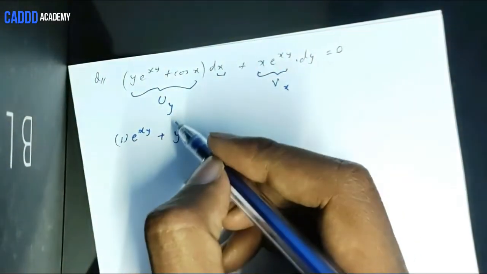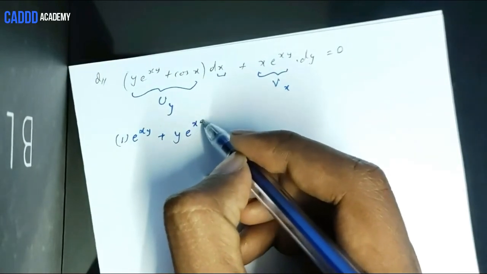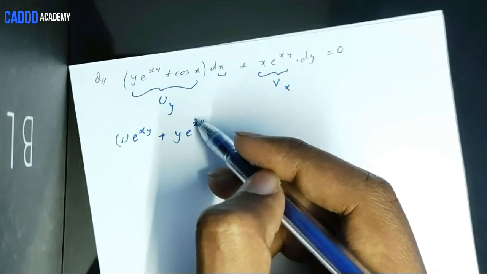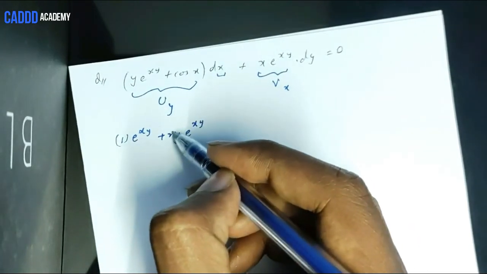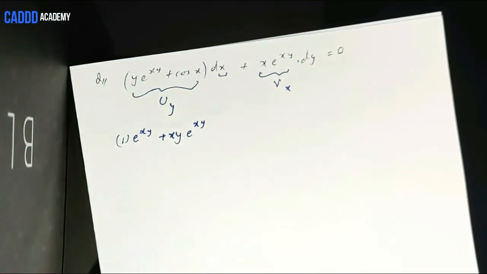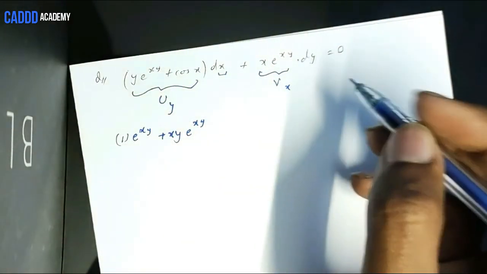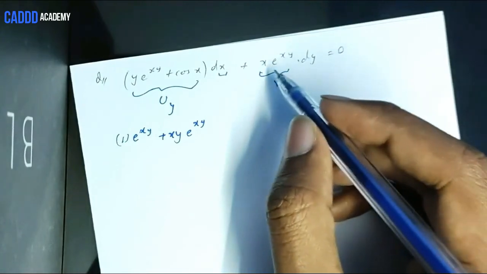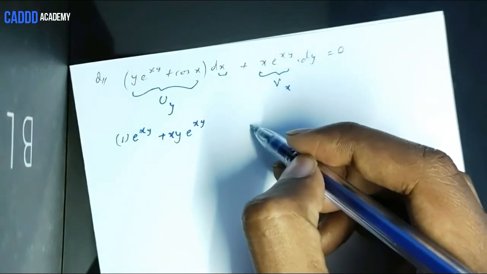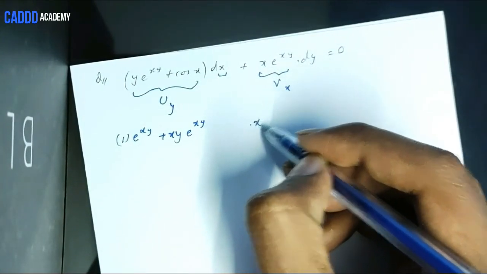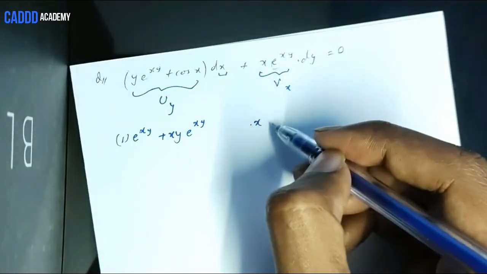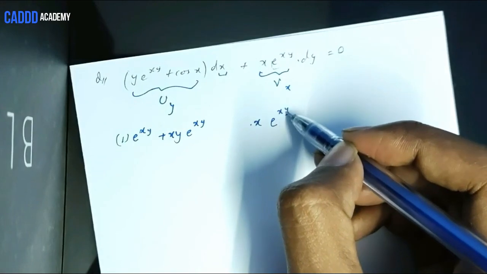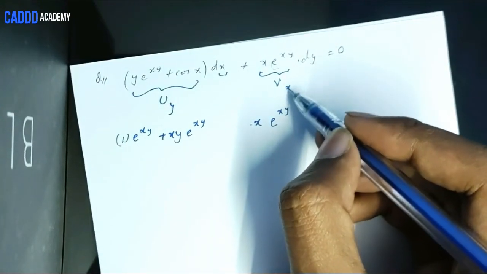The differentiation of e to the power xy is e to the power xy, and the term with y will be multiplied. This is the chain rule. By differentiating this, we have the first function as it is, so x as it is, and the differentiation of e to the power xy, with the term with x, which is y, multiplied here, because we are differentiating with respect to x.